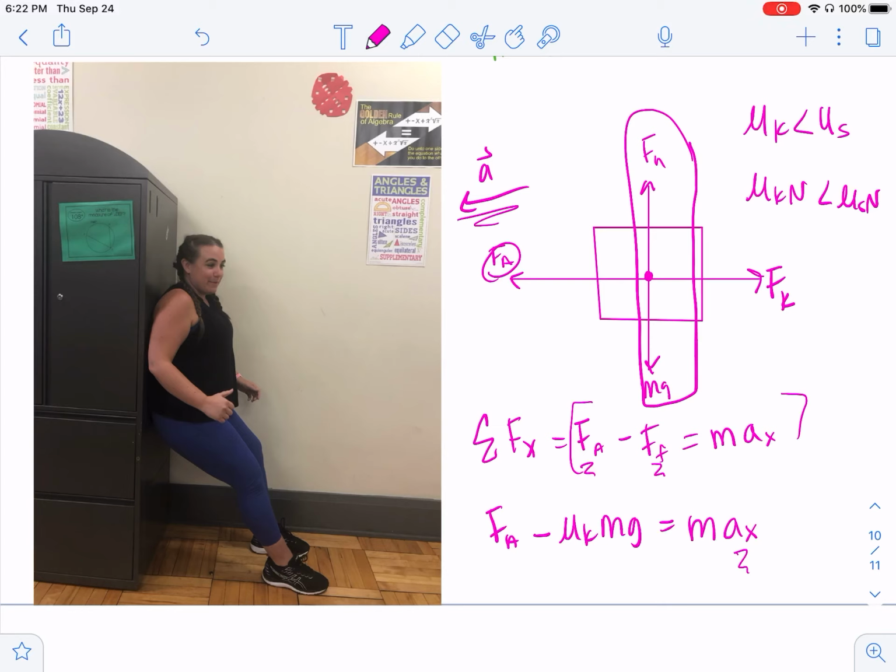But because of this situation right here, that your kinetic is smaller than your maximum static, once it becomes in motion, it actually becomes easier to move.